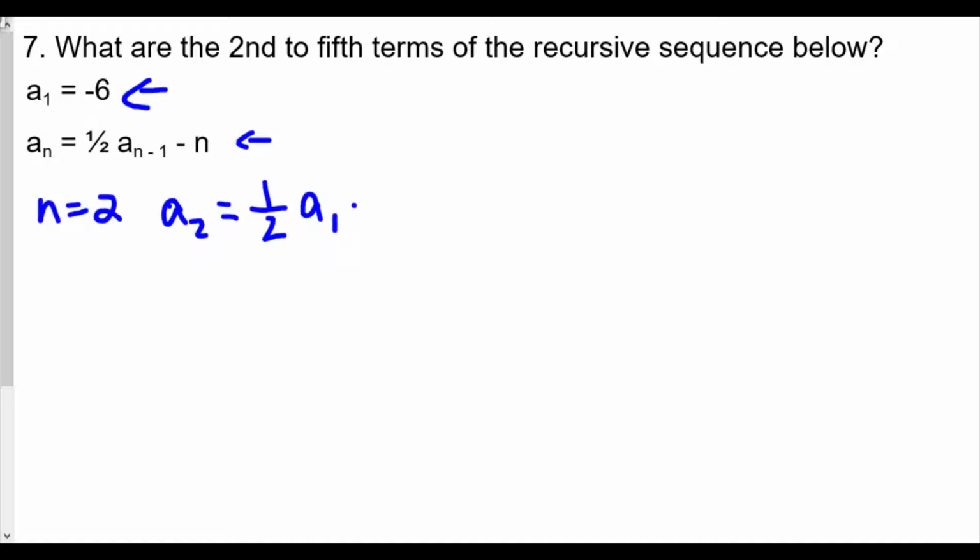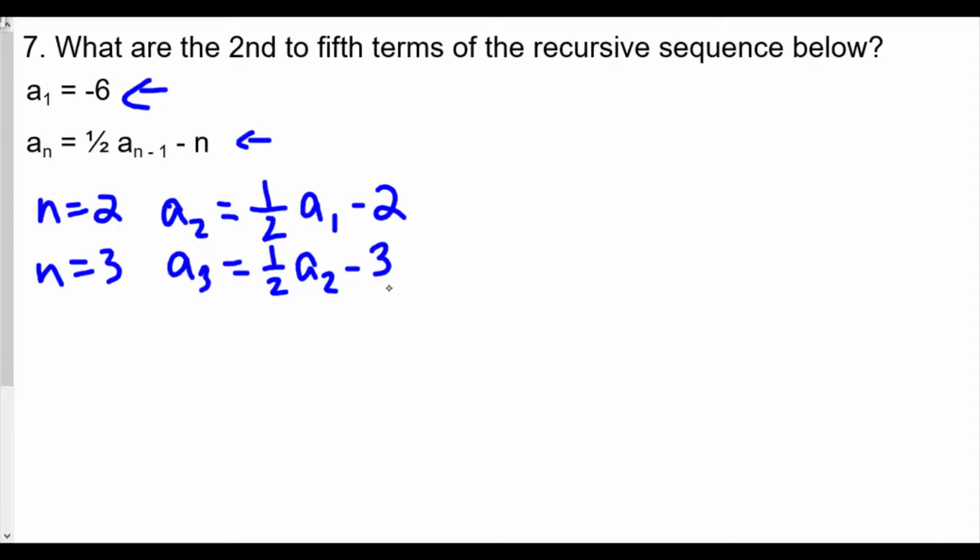But then minus 2 because of the n value. When n is 3, our third term, a3 is equal to 1/2 of a2 minus 3. Again, we see that the n value is changing based upon which term we're talking about.